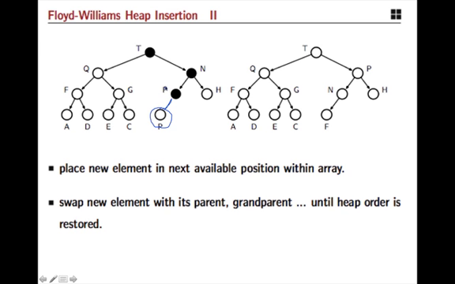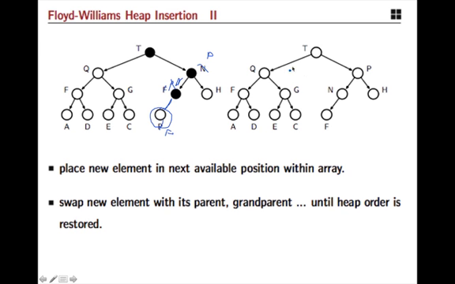In this case we need to switch and put P here and F here. Then P is larger than N, so we switch P and N, so P is here and N is here, and now everything is good, so we get this final structure. So we put it at the last place and then bubble it up in order to maintain the condition that as you go down the tree things become smaller.